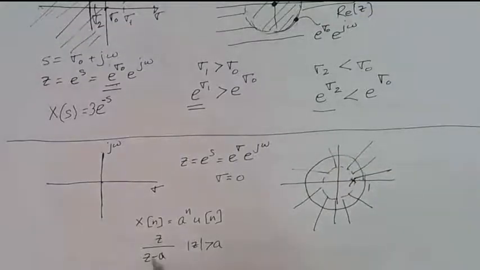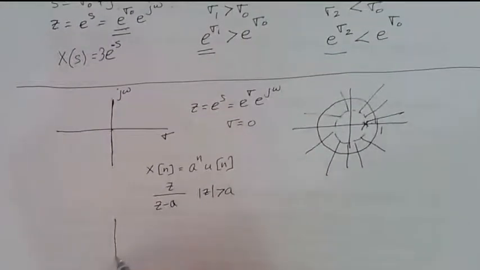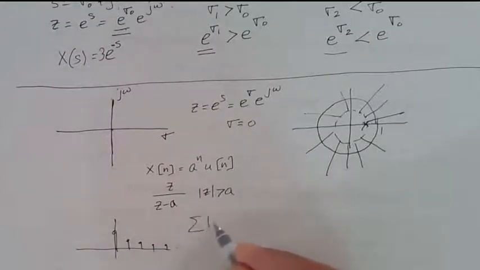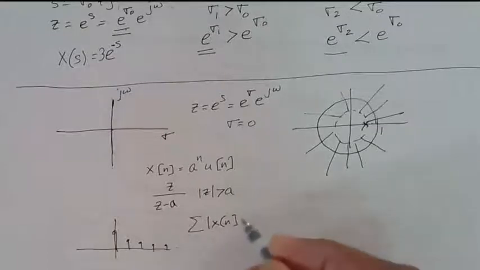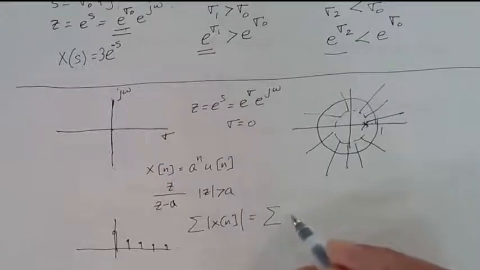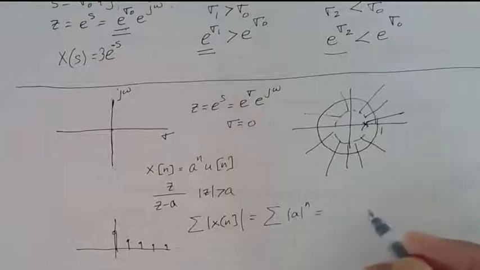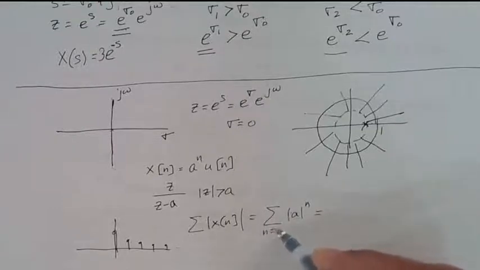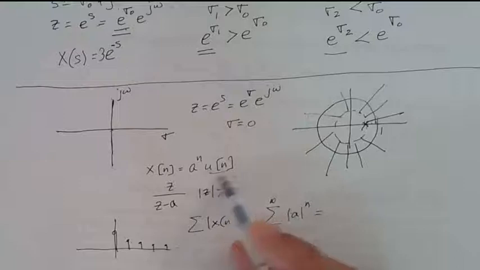Right? And if a is less than 1, then think about what x of n is. X of n is a decaying sequence. Clearly, if I took the sum of the absolute values of x of n, I would get the summation of the absolute value of a to the n, with n equals 0 to infinity because of this u of n.